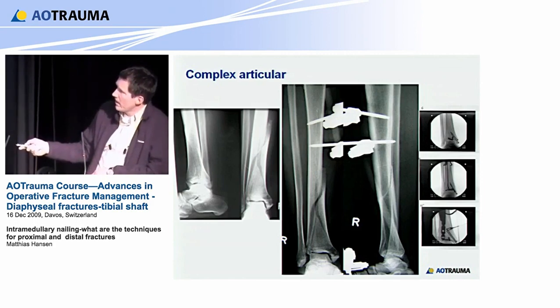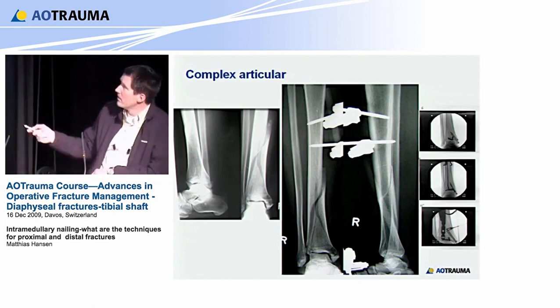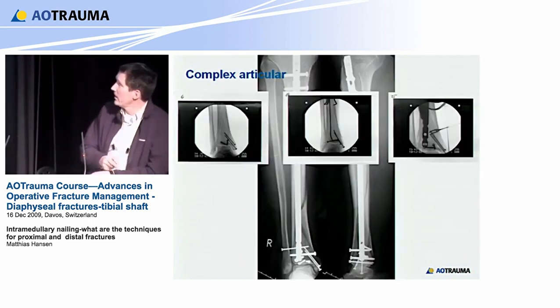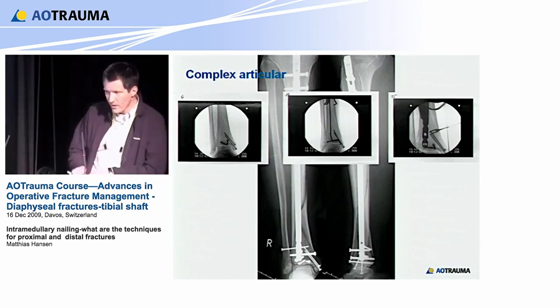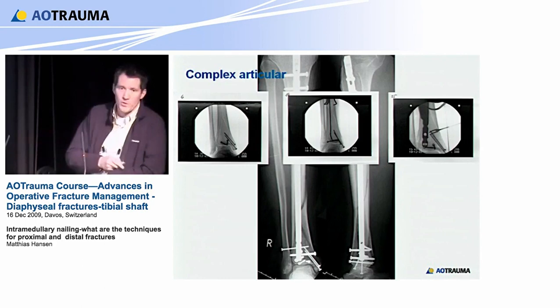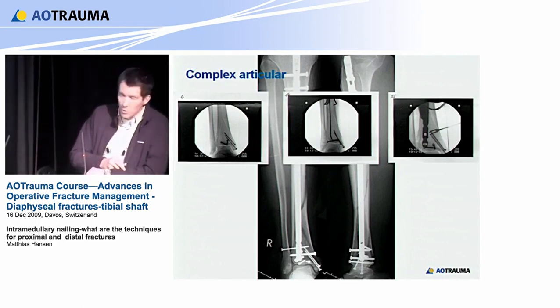We have a pilon-like fracture extending far proximal in the tibia. First external fixation until soft tissue healing, and then he got in the OR a second time, and the joint block was reconstructed by lag screws.